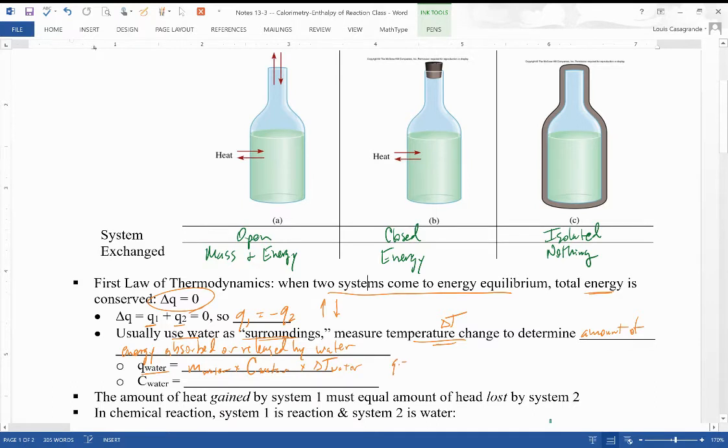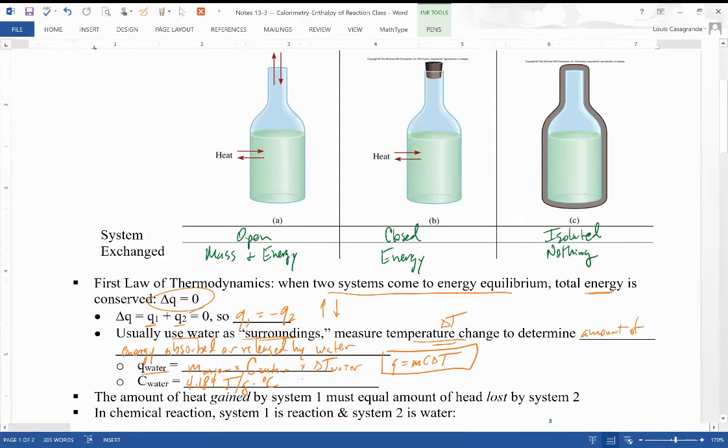And just remember, Q equals MC delta T is what is listed on your reference pack. And that the specific heat of the water was 4.184 joules per gram times degrees C. That's always going to be the case in calorimetry, and that number is on your reference sheet. You don't have to remember it, but I'm sure that you will use it.